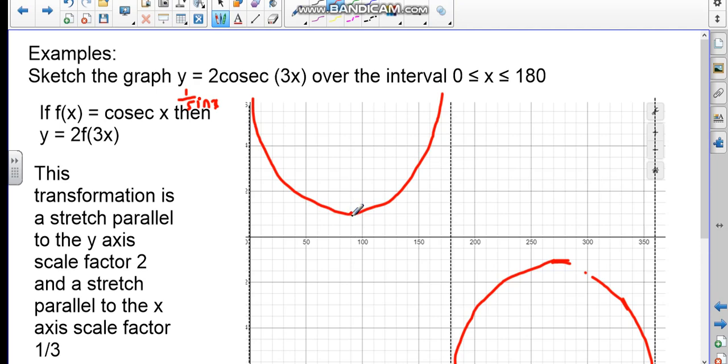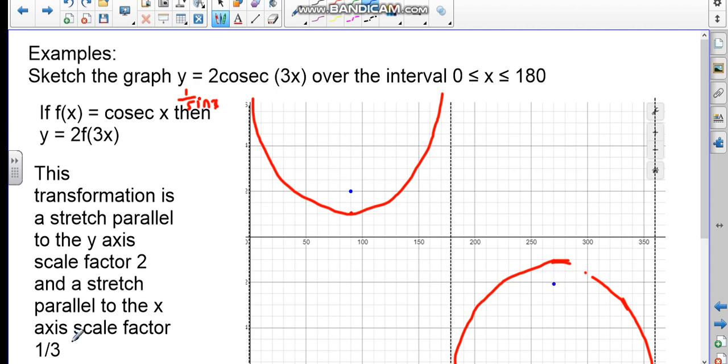It was at 1, it's being stretched, so it's now going to be at 2. So I'm going to have a new point here, 2, and my graph is going to come down to there. So the minimum now is going to be 2. Similarly here, the maximum was at -1, it's now going to be at -2.